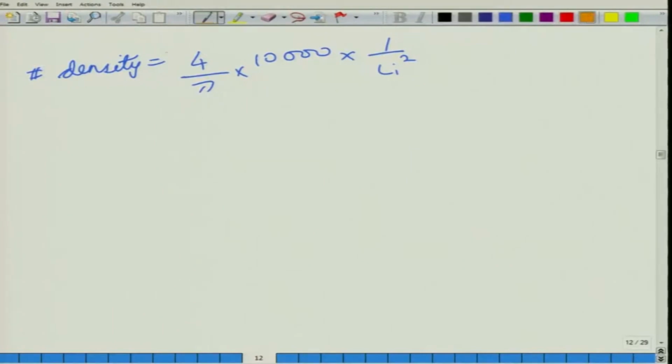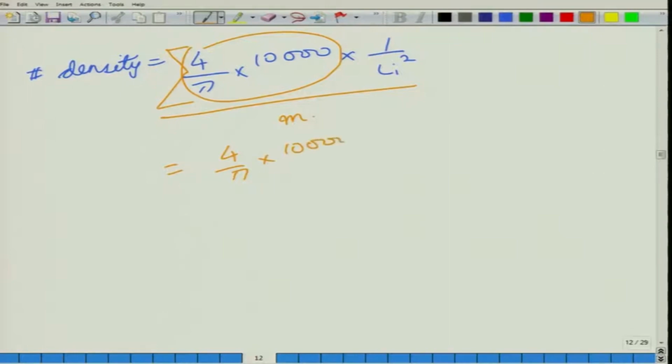By taking an average we will sum up all these values and divide it by m. So, 4 by pi into 10,000 is a constant, so we can take it out of the equation. So, 4 by pi into 10,000 into sum of 1 over Li square into 1 upon m. That is our number density or the stand density when we have taken m observations.